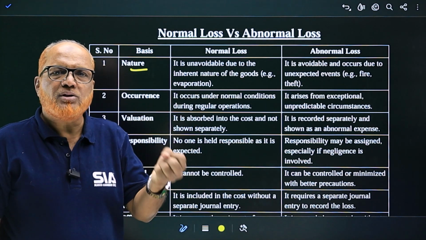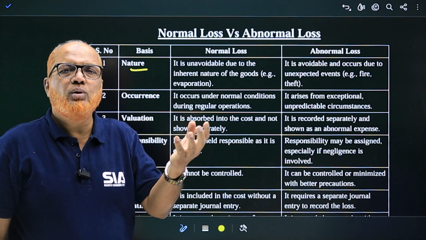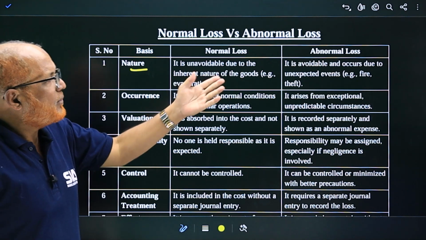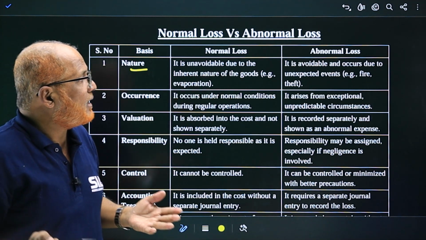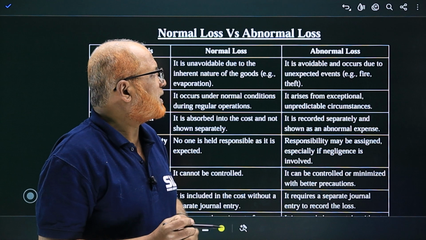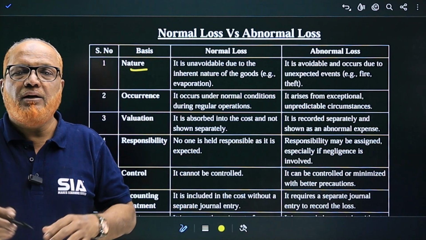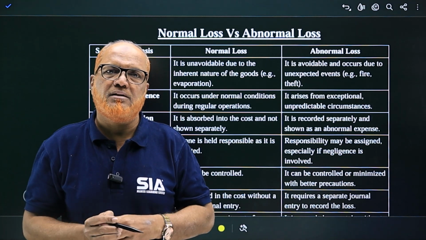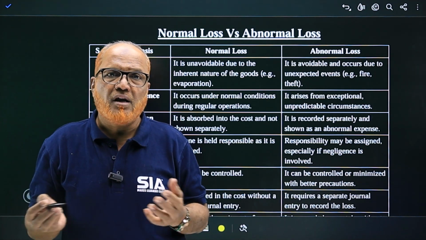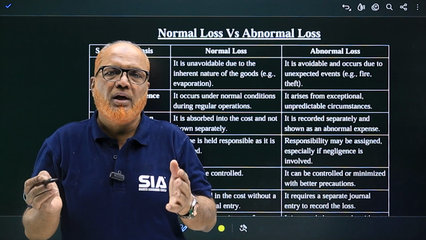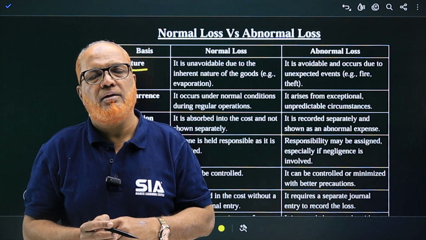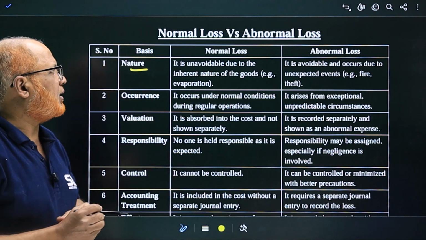So these are the possible causes due to the inherent nature, and that is normal loss. But abnormal loss is avoidable and occurs due to unexpected events, like fire, accident, theft. These are unexpected. So on account of these unexpected events, the loss may occur. That is the abnormal loss.